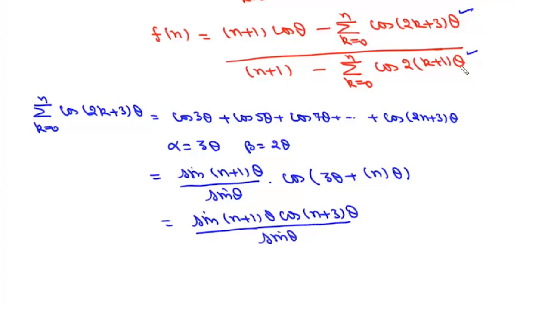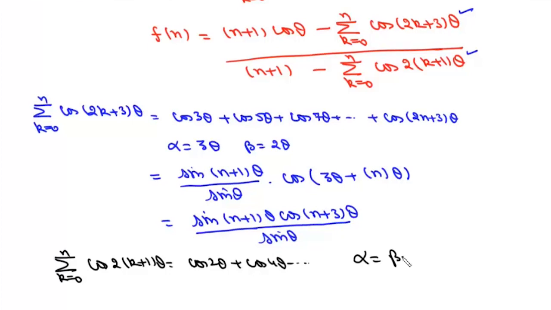sine theta. And if we look at this second series, which is the summation k varies from 0 to n of cos 2 (k plus 1) theta, it will be cos 2 theta plus cos 4 theta. Now in this case, alpha equals beta equals 2 theta. Number of terms is n plus 1, and again angles are in AP.